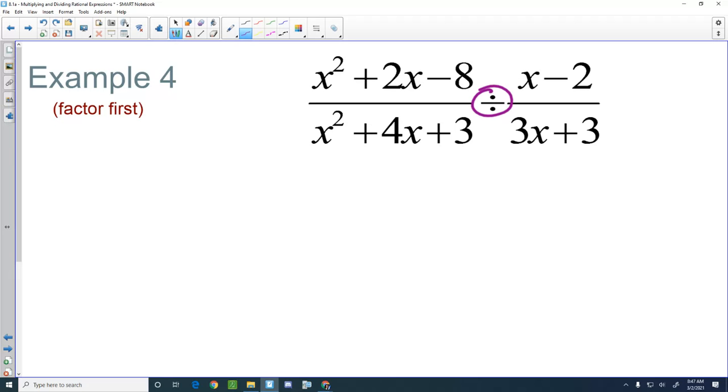And then when you write that second fraction, make sure you flip it because it's division. And write that in factored form too. Make it a single fraction and just start canceling stuff out.